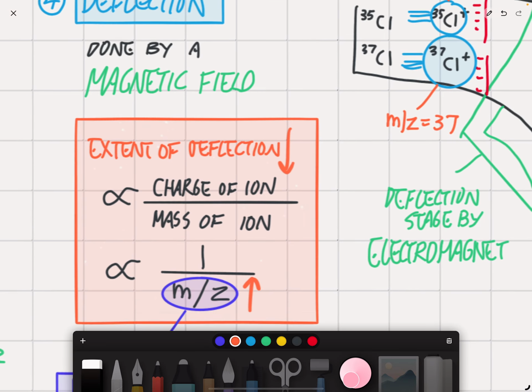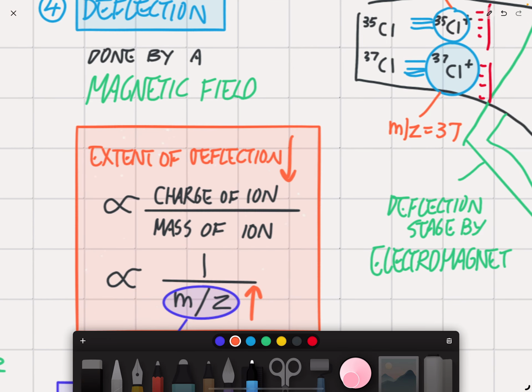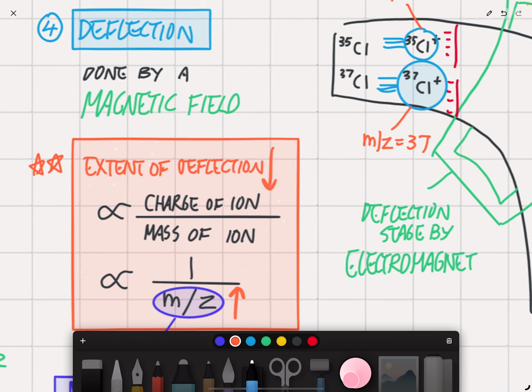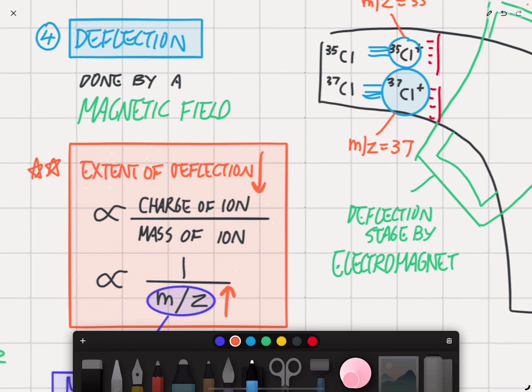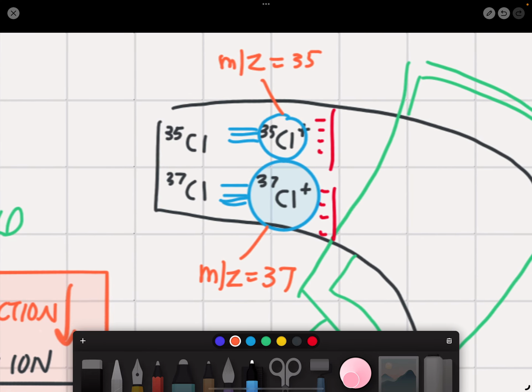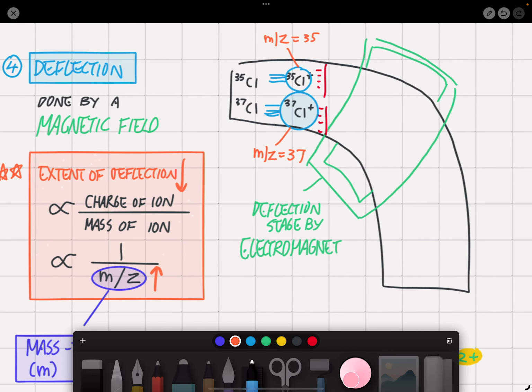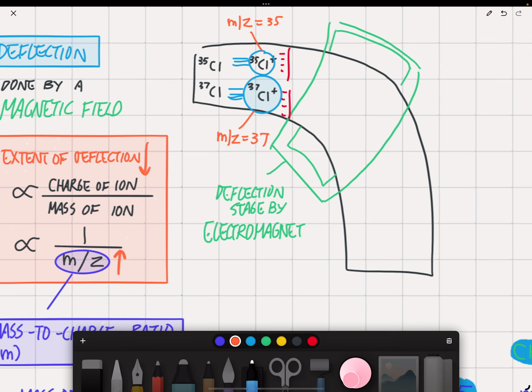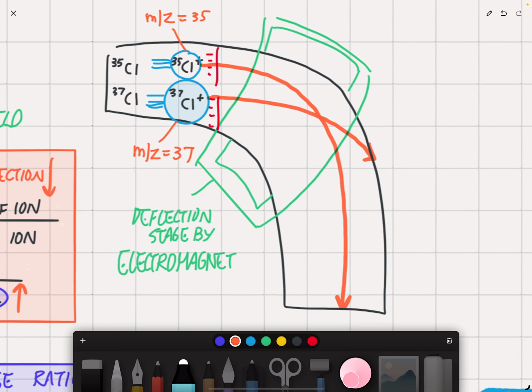And recall what we just saw in here, that the extent of deflection is inversely proportional to mass to charge ratio. You should be able to predict that chlorine 35+, okay, it will be deflected more. So chlorine 35+ may take a path that will lead right to the detector, but chlorine 37+ is deflected by a lesser extent, and so it might hit the wall of the mass spectrometer.